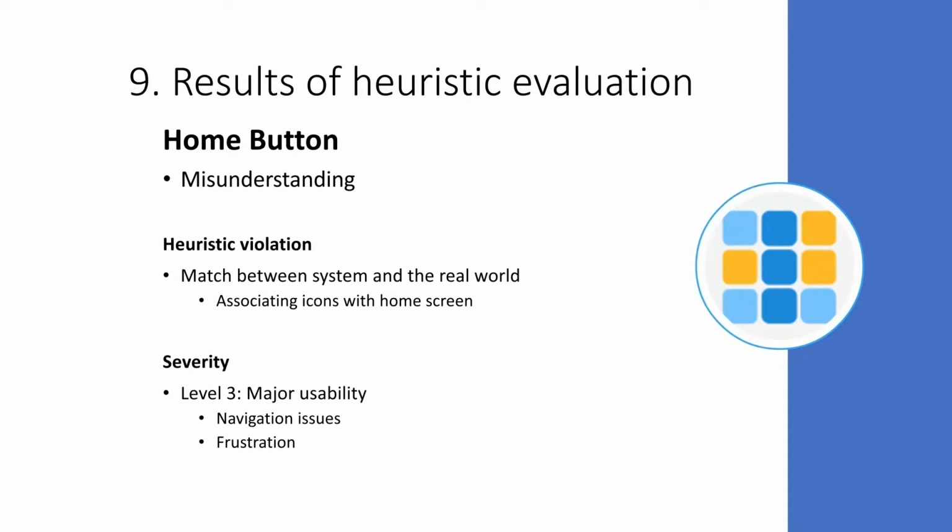The heuristic violation is that it doesn't match between the system and the real world, so it's hard to associate that icon to a home screen, which you find all over the place, home menus, home icons. The severity is a level 3, just because if they can't understand that, they can't navigate our system, they'll not be able to use it properly and get frustrated and just move on to a new browser.